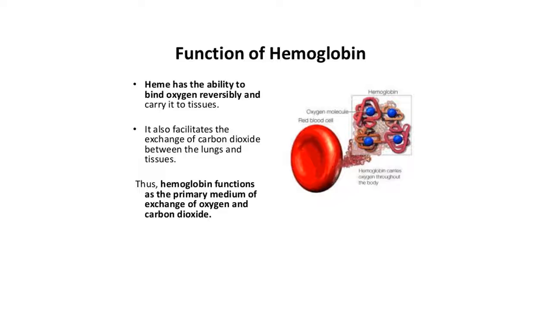What does it mean reversibly? It means that there is a certain strength of binding between oxygen and hemoglobin. It can be bigger, it may be smaller, but it's never as tight as in molecules that have chemical bonds.